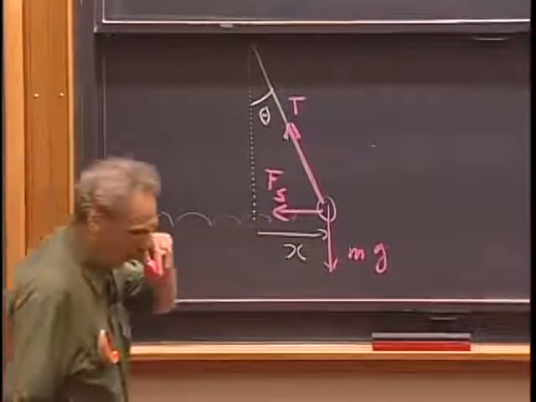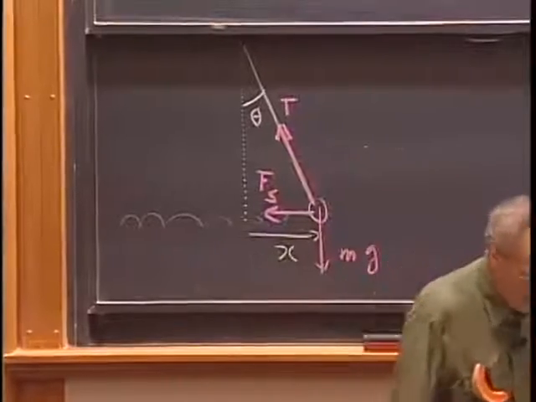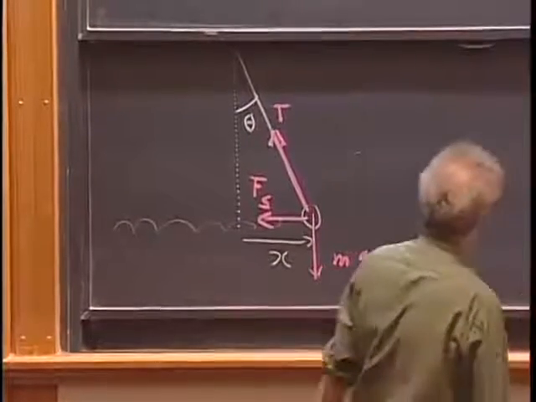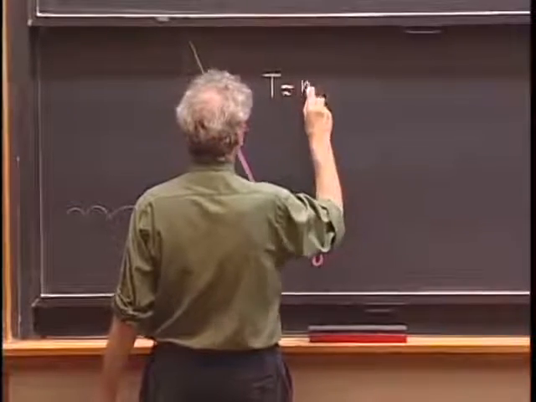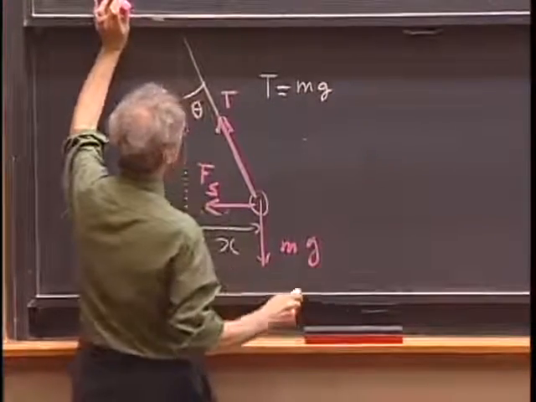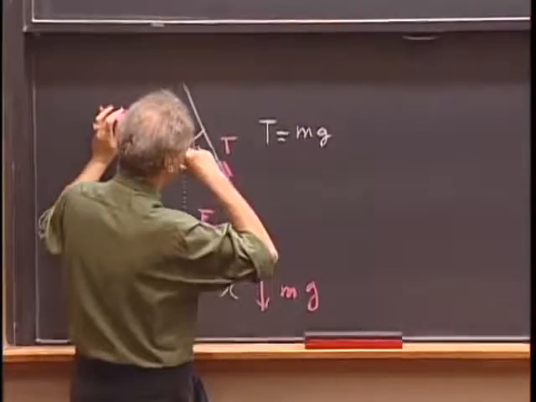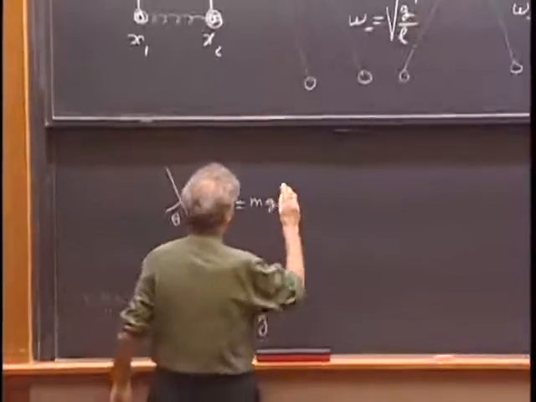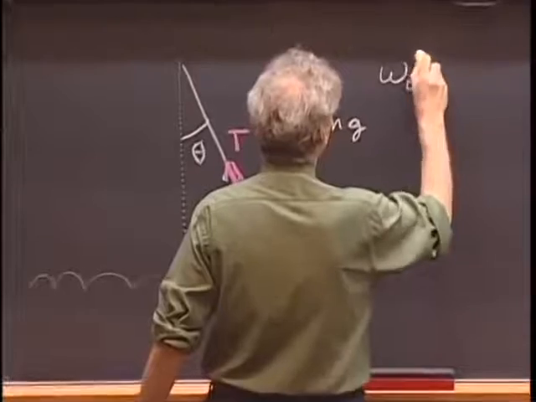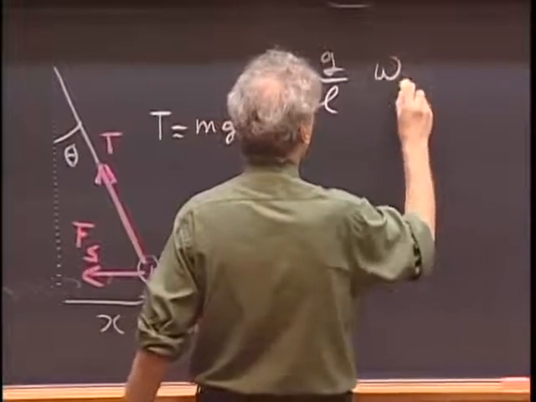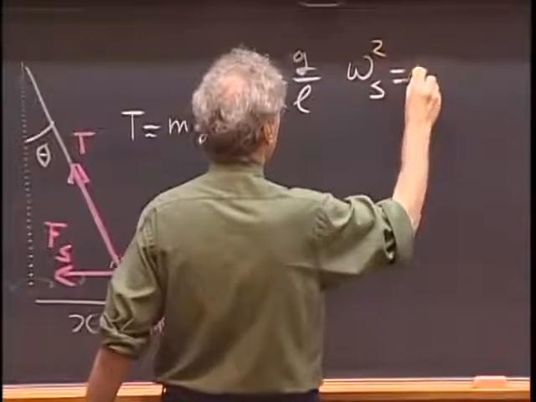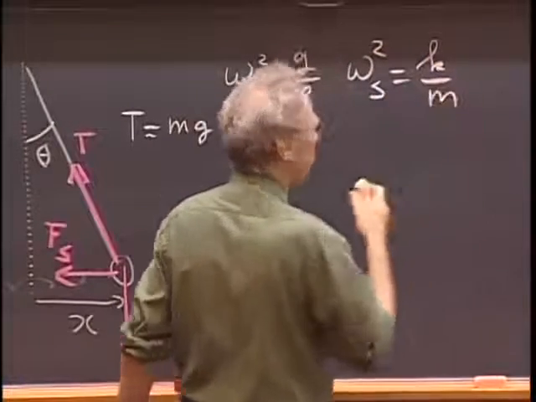And that one is 2kx. Now, the tension is very close to mg. We have discussed that several times. I'm going to introduce a shorthand notation. Omega 0 squared is g divided by L. And omega s squared, making reference to the spring, is k over m.